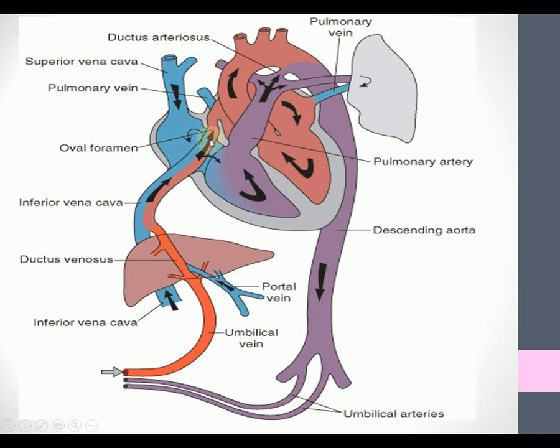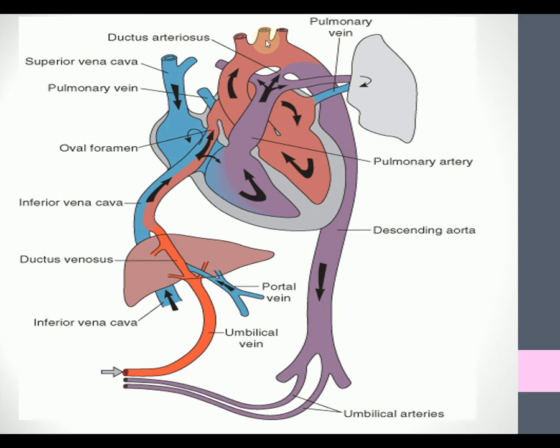Most of the time it's not a good thing, but same thing with the patent ductus arteriosus. If it doesn't close, is it a good thing or a bad thing? And again, it kind of depends on the type of congenital heart defect you've got.